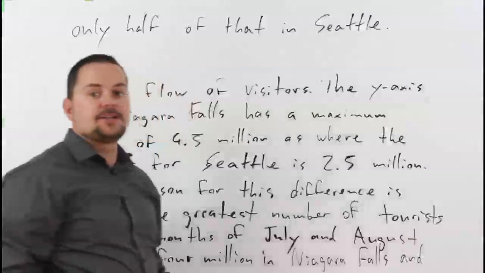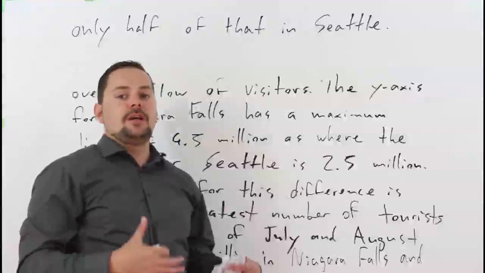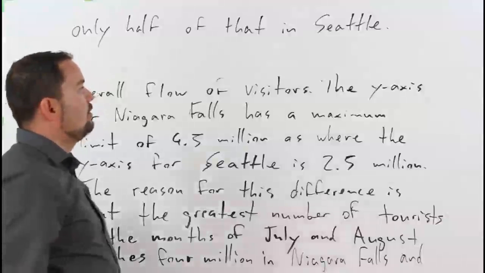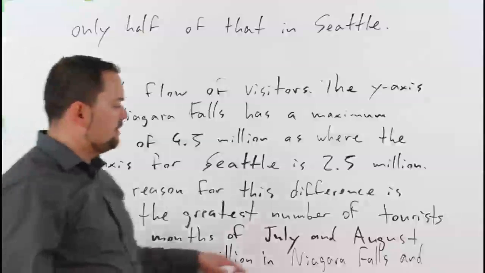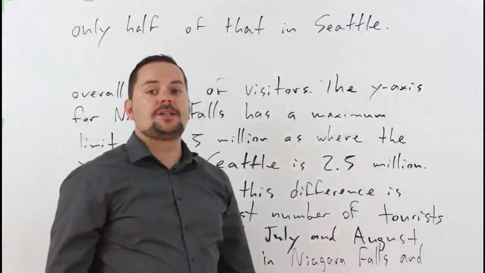So of course that's 2 million. So therefore you don't need to have a bar graph with such a high upper limit as for Niagara Falls. Again, notice the human language. So it reaches 4 million in Niagara Falls and only half of that in Seattle.